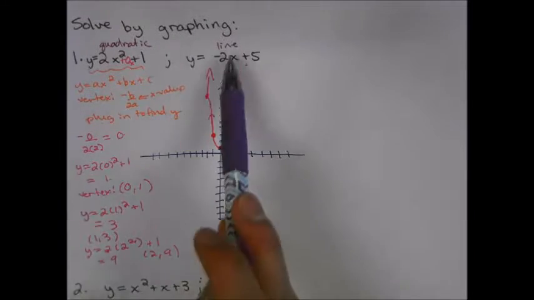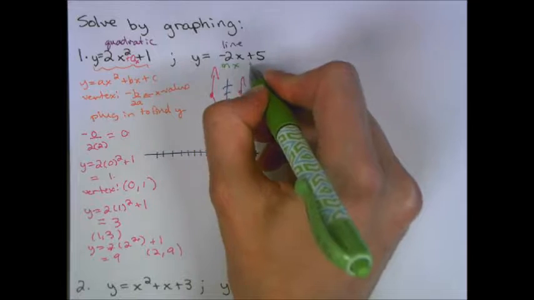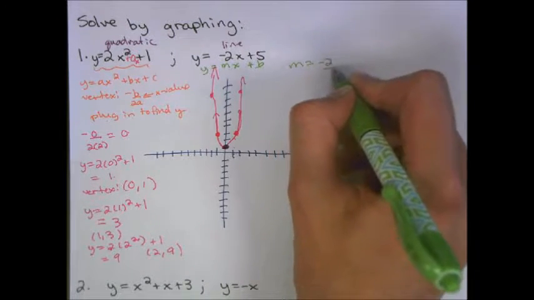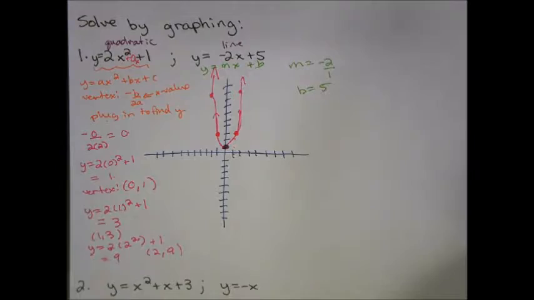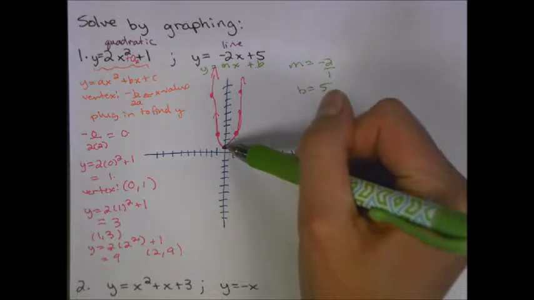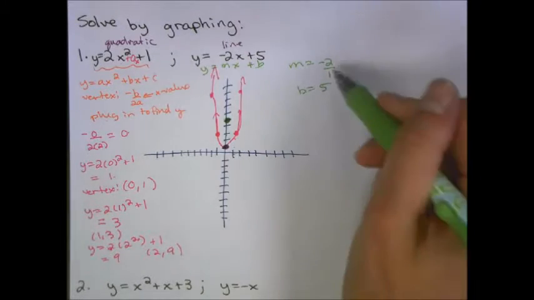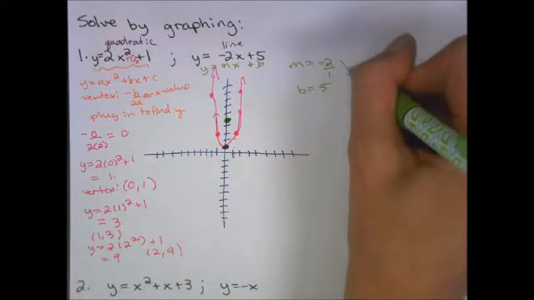For the line, I'm going to use y equals mx plus b. My slope is negative 2 over 1. My y-intercept is 5. I plot 5 on the y-axis. This is a negative slope, so my graph will look as such.